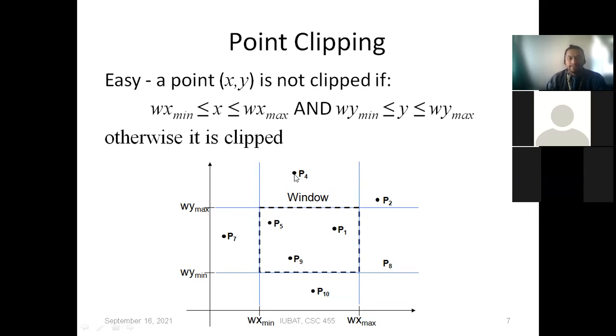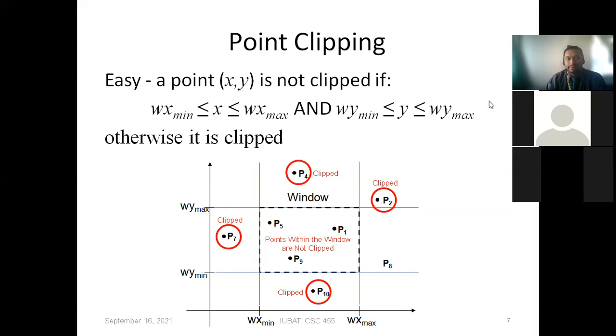Like this point is inside wx minimum and wx maximum, but it is outside in y, being greater than y maximum, so it is not satisfying this part. The same goes for P2, P7, P8, so they will be removed, as they don't satisfy this condition.